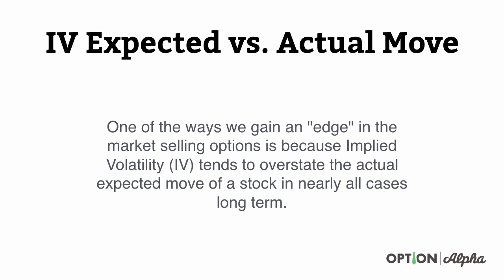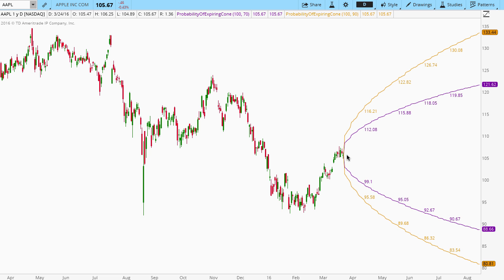Now, as we look at options pricing, again, this means that implied volatility tends to overstate what actually happens. So going back to our charts here, if we think that Apple should move in this purple range about 70% of the time, when the actual movement happens, meaning when Apple actually plays out this timeline and actually trades, if we retroactively go back and look at the volatility of Apple, we may find that it only moved, say, this much in that time period.